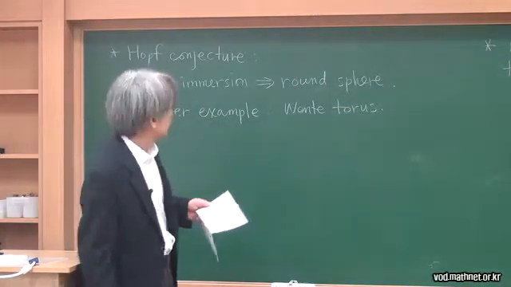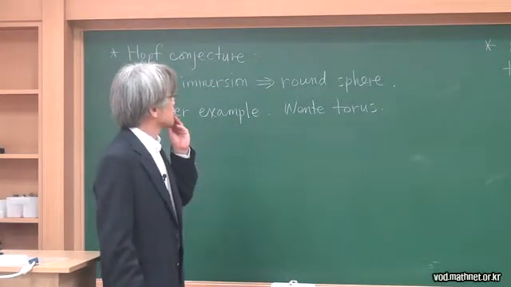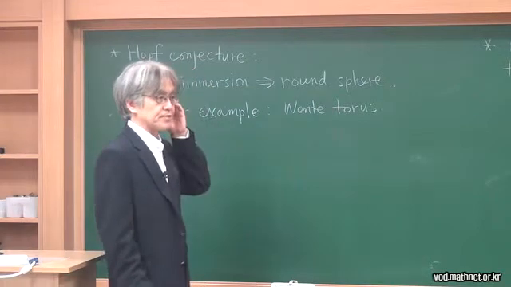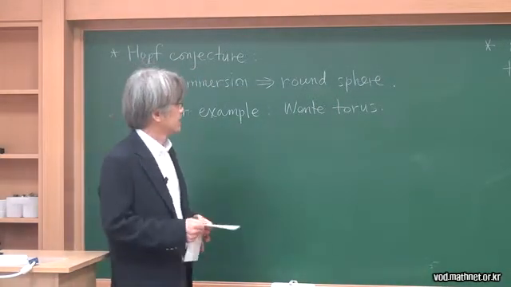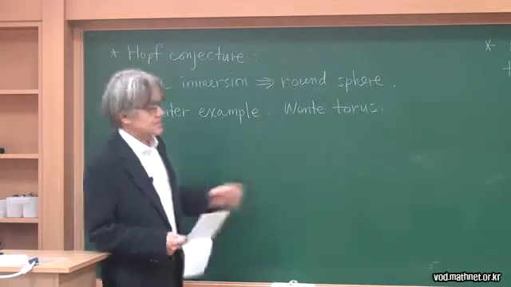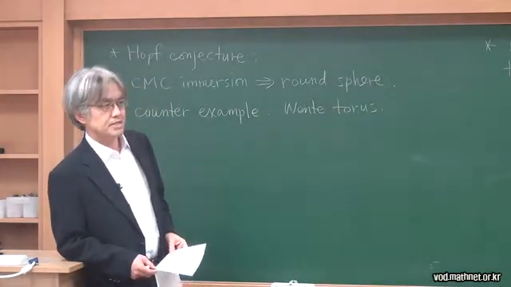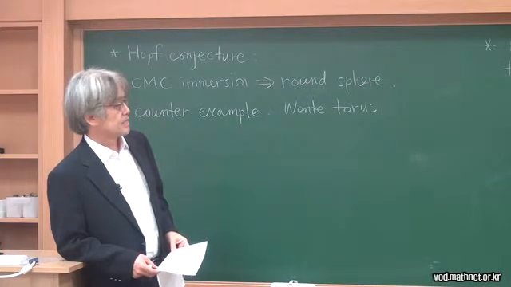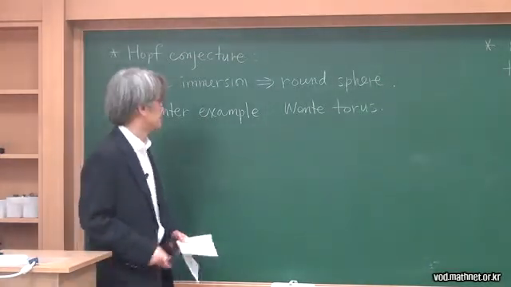The Wente torus is also a critical point. It can't be a global minimum by the isoperimetric inequality. Maybe it's a local maximum, I guess. Anyway, it's a critical point.